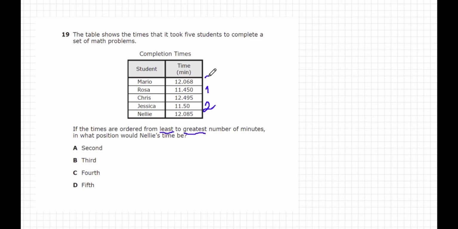Mario third, Nellie fourth, and Chris in 5th place. So Nellie's time would be 4th, so C is the correct answer.